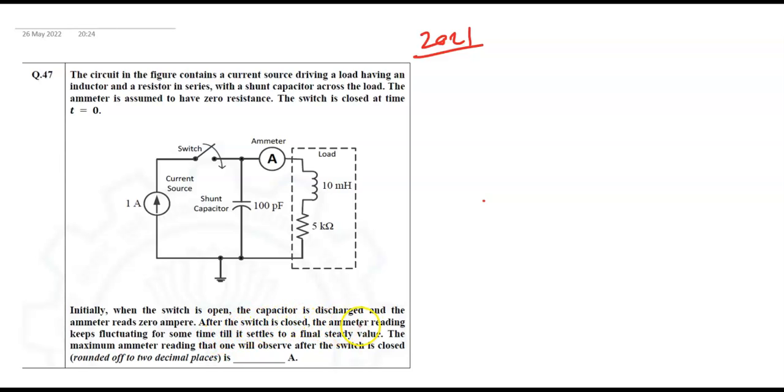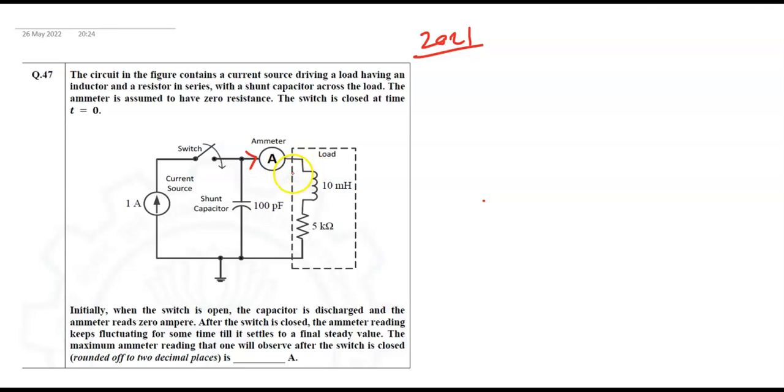That means all the elements are in their dead state or 0 state. After the switch is closed, the ammeter reading keeps fluctuating for some time till it settles to a final steady value. The maximum ammeter reading that one will observe after the switch is closed. First of all, the ammeter is connected here.